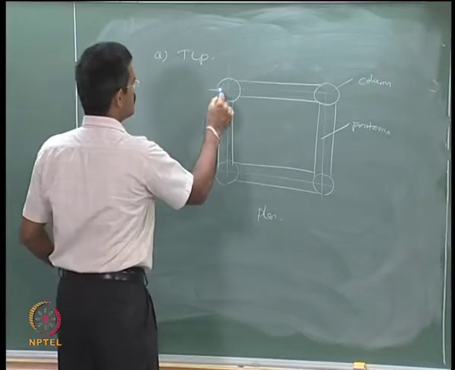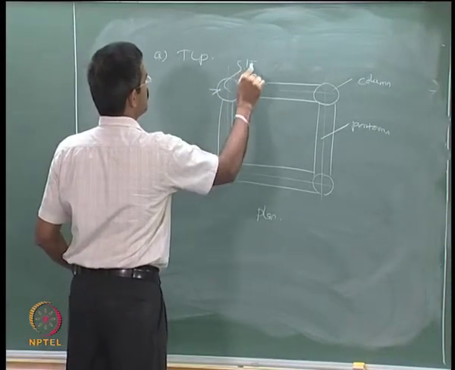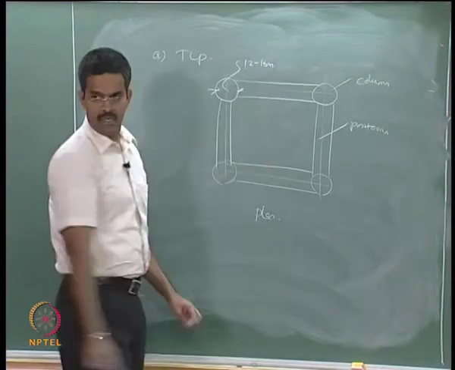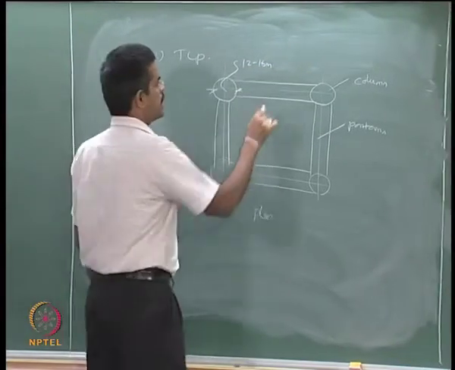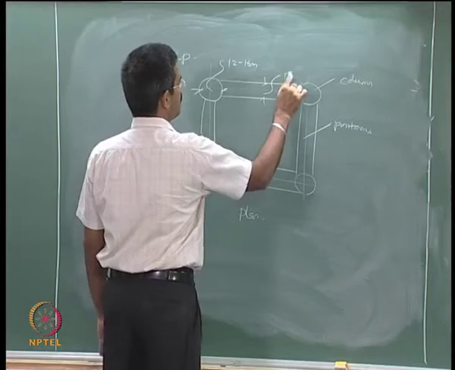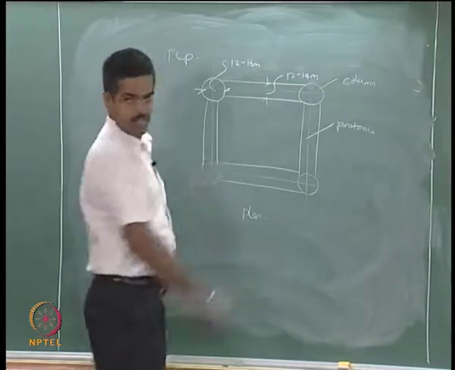The column members are generally of diameter 12 to 16 meters and the pontoon members of diameter 12 to 14 meters.